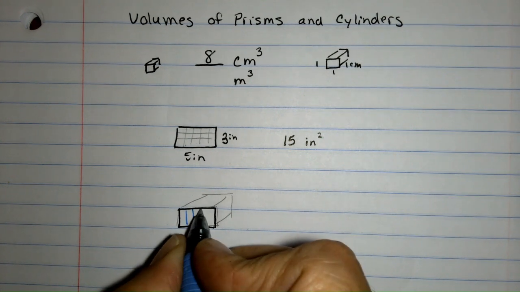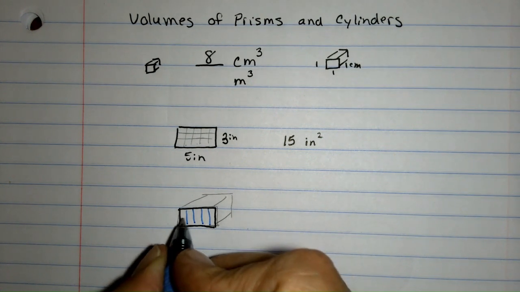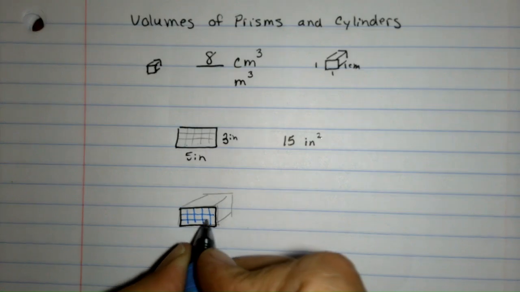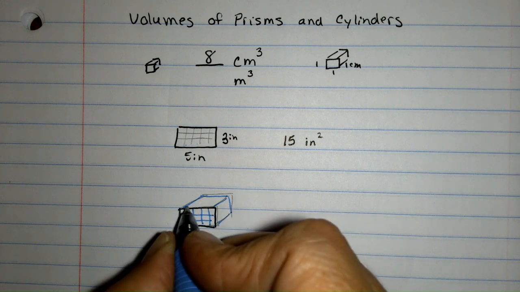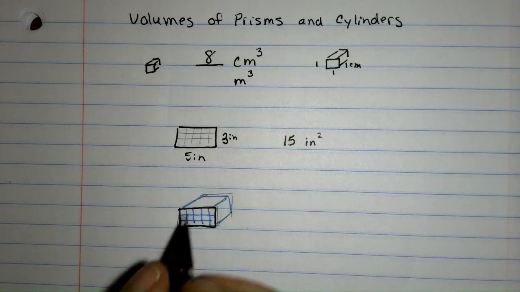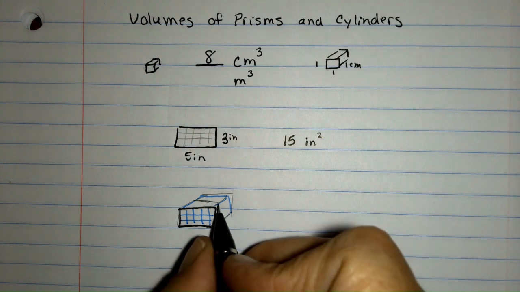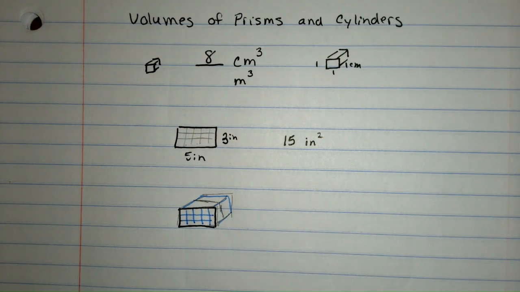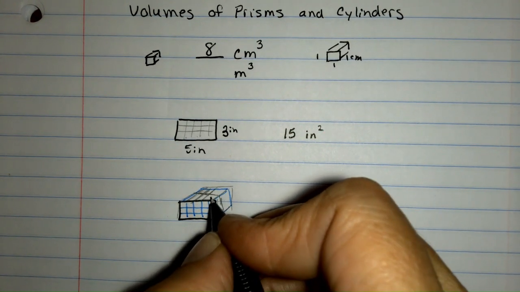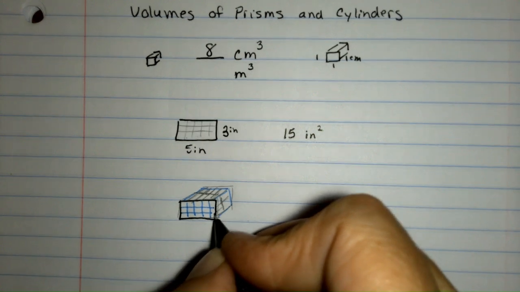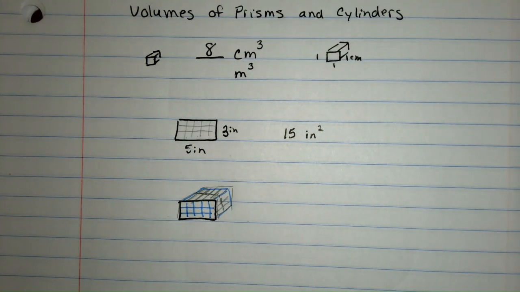Now, instead of just 1 row, we have 2 layers, and of course they're all going back. Since we double stacked it, we took the 15 squares and double stacked them. Now we have 30 cubic inches.